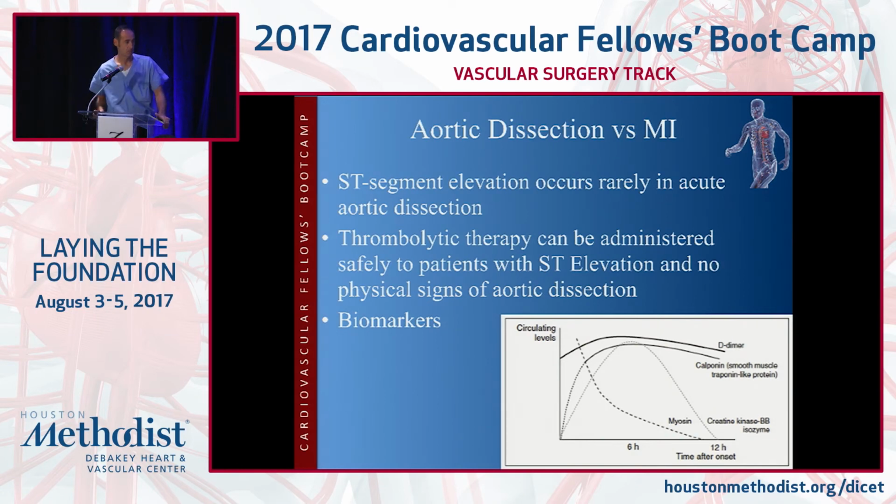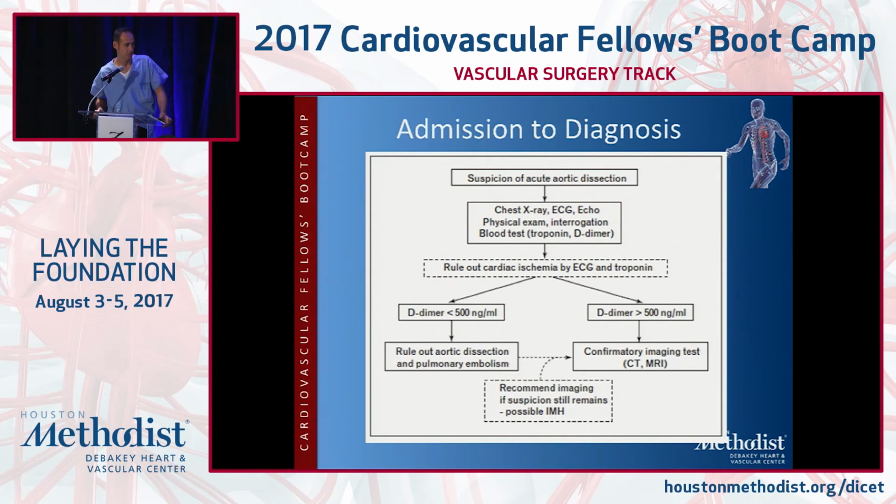If you are to look at aortic dissections, there are always some blood parameters you can look at here. Really, D-dimer as far as biomarkers becomes the most important. Here's just a little flow chart: if it's above 500, you should consider that there is a dissection.